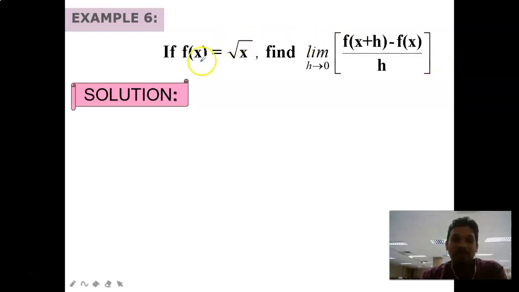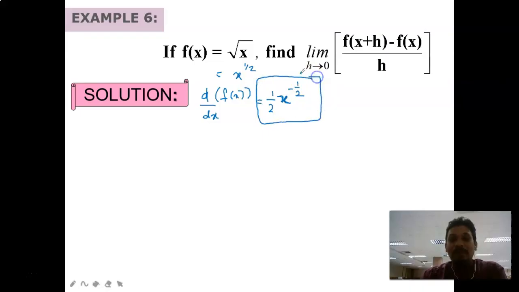So if f(x) equals the square root of x, or x to the power of 1 over 2, then differentiating the function f(x) with respect to x equals half, bring the power in front, then half x to the power of half minus 1, and that gives us negative 1 over 2. So this is the final answer that we should get at the end of this question here.